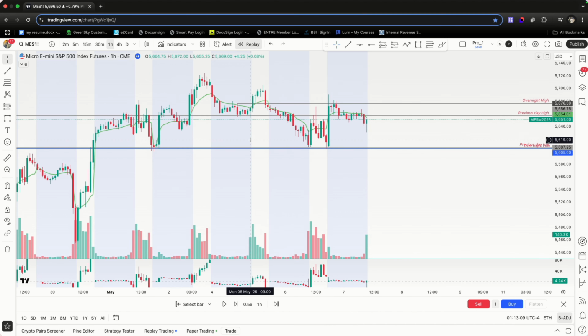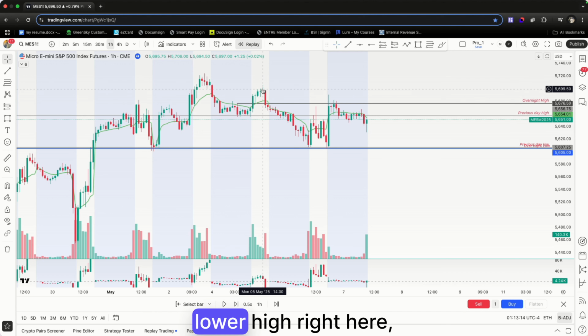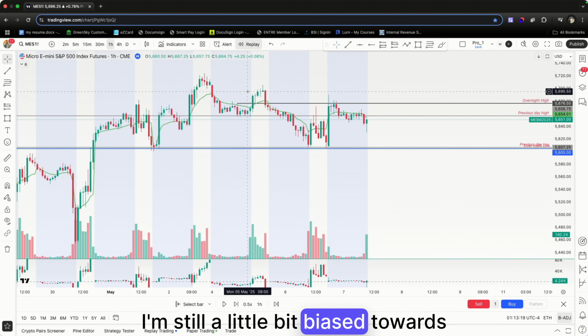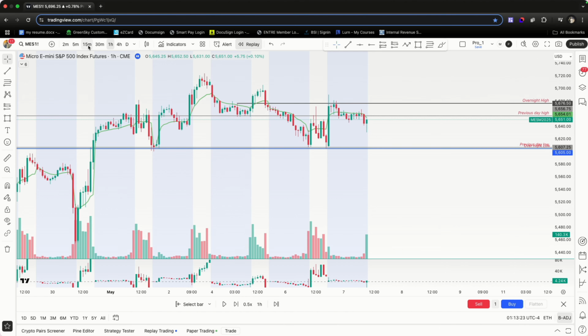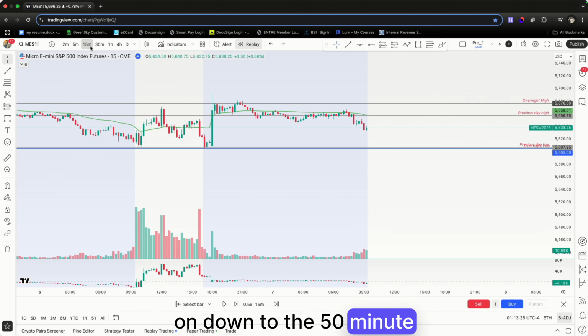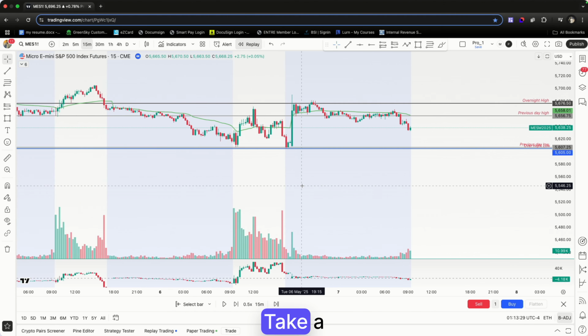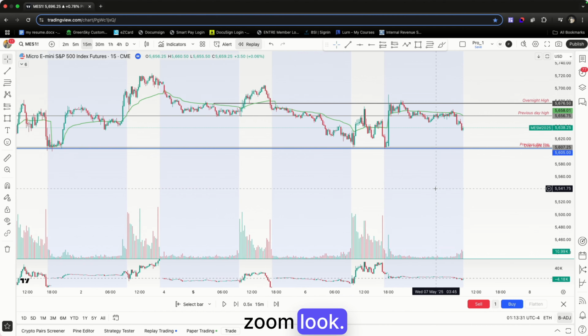That's somewhat like a double bottom, but with this lower high right here, I'm still a little bit biased towards a trend change, right? So let's zoom on down to the 15 minute. Let's zoom in, take a look.